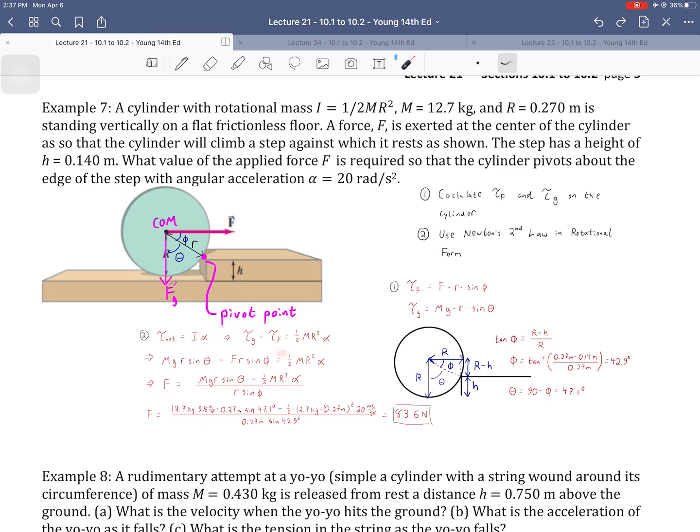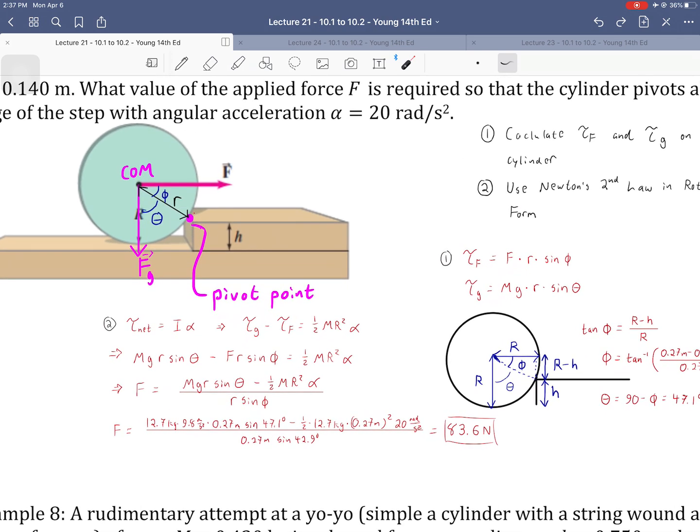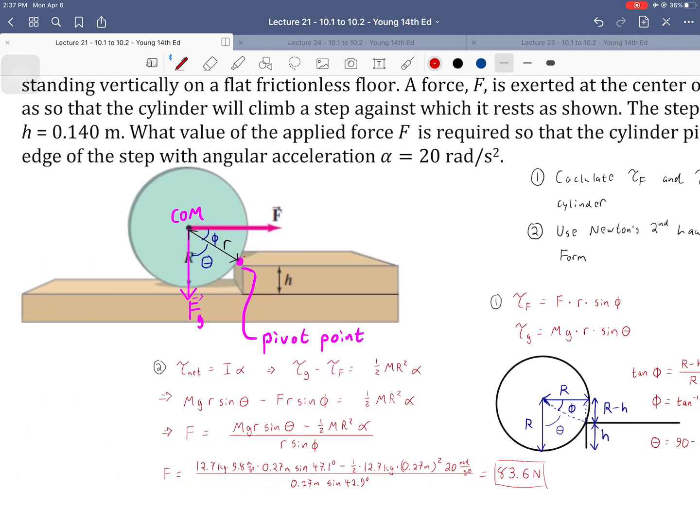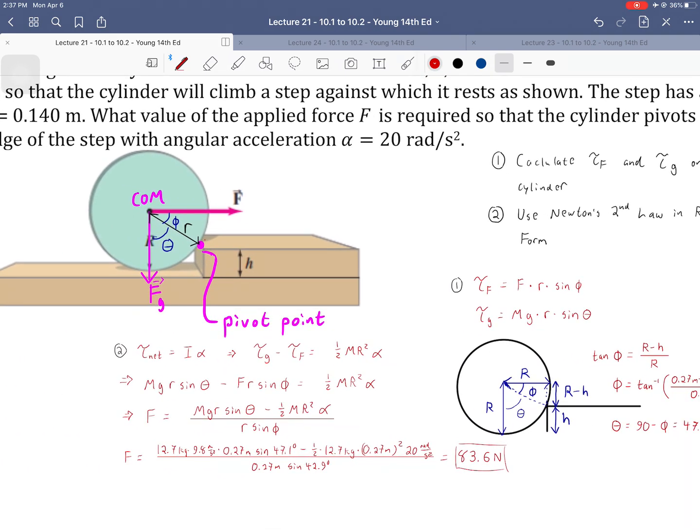But if I'd called that negative alpha, or if I had a negative value there, then my tau force would have remained negative. So let's see, because I feel like there is a mistake. I'm going to go ahead and fix it here during the video. So I'm going to move this one over as well, because again, our angular acceleration to accelerate up the step, right?